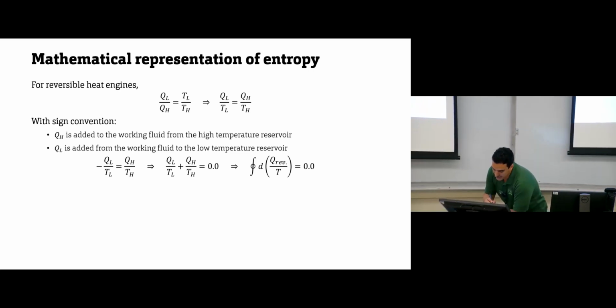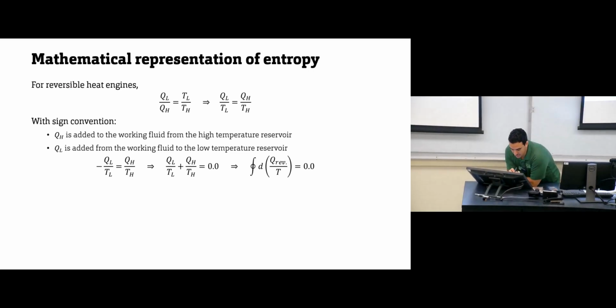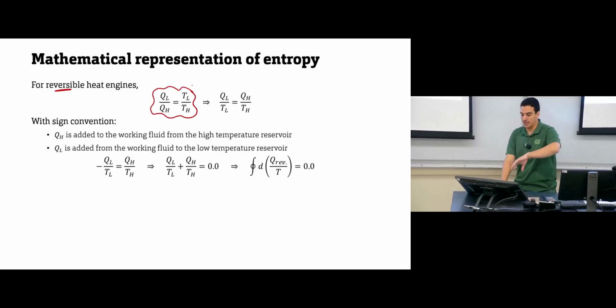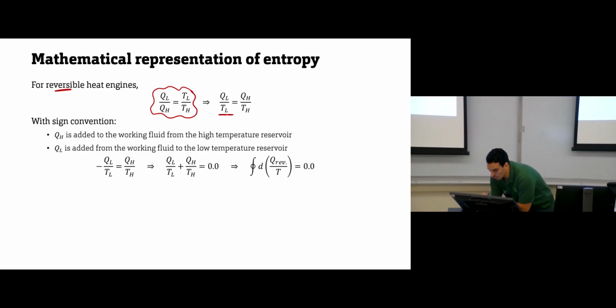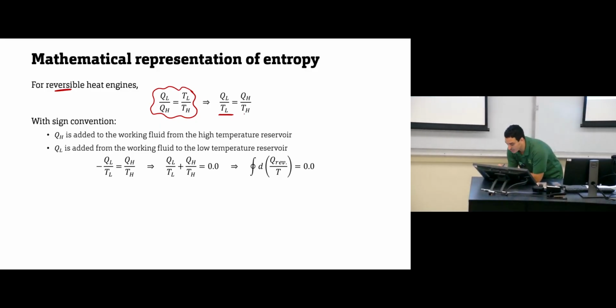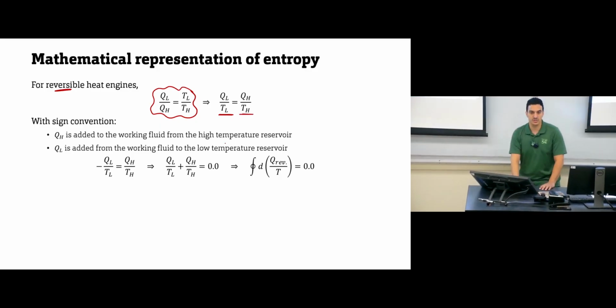Here, if we have a reversible heat engine, we can make use of this relation: QL over QH is the same ratio as TL over TH. Or if we arrange it, Q over T for the low temperature reservoir equals Q over T for the high temperature reservoir.